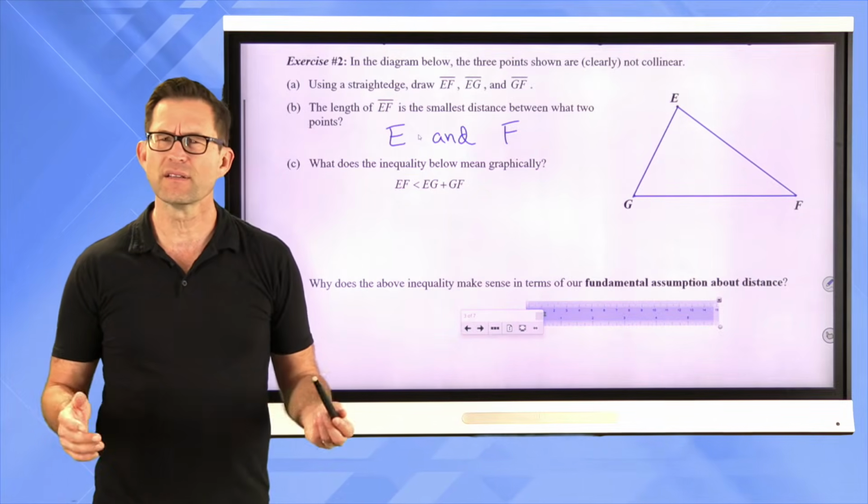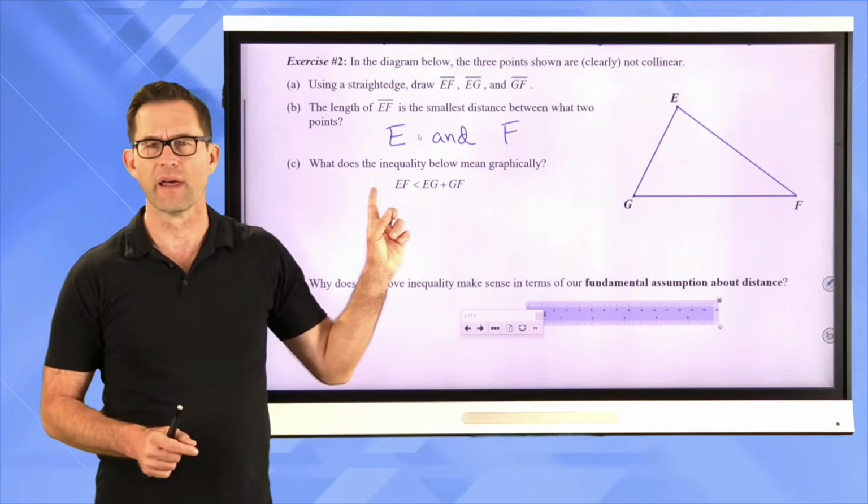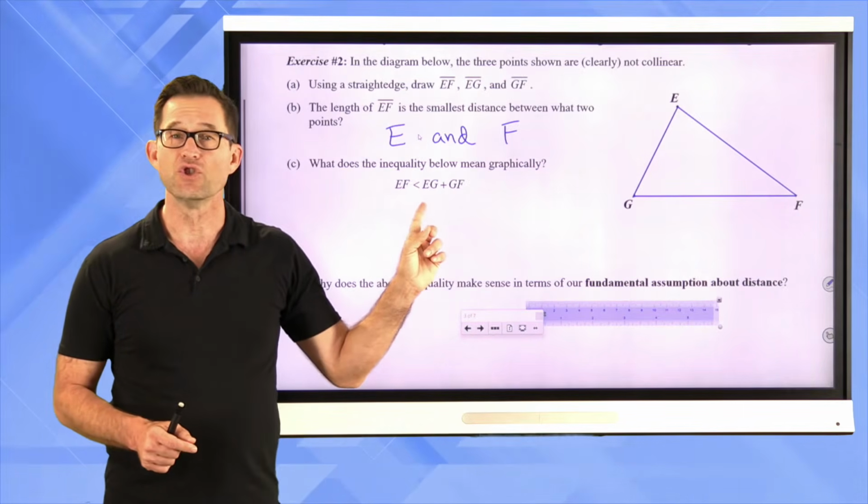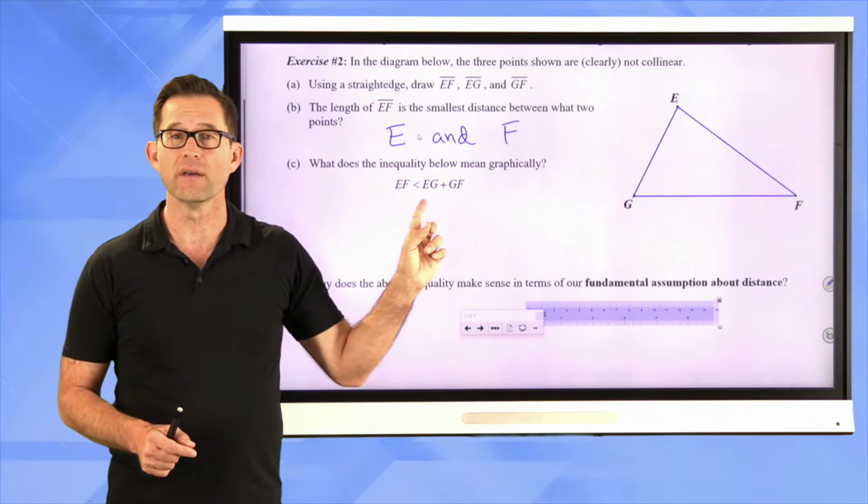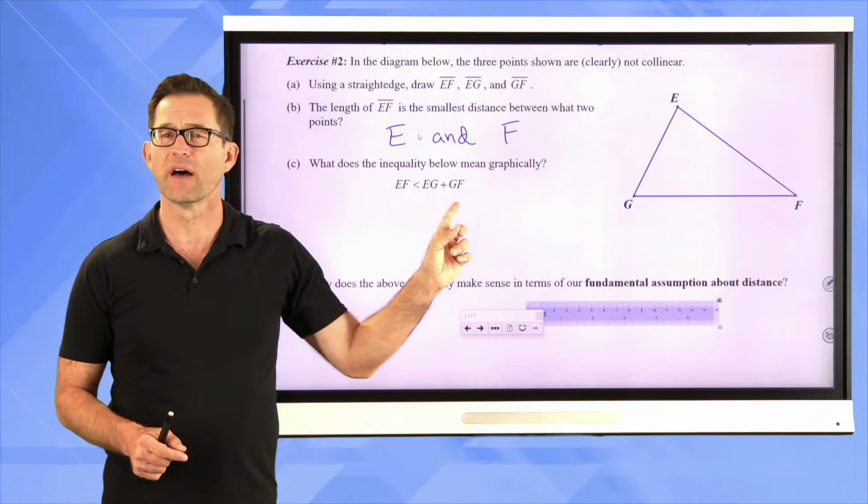Well, let's talk about this, right? EF is the length of side EF, EG is the length of side EG, and GF is the length of side GF.